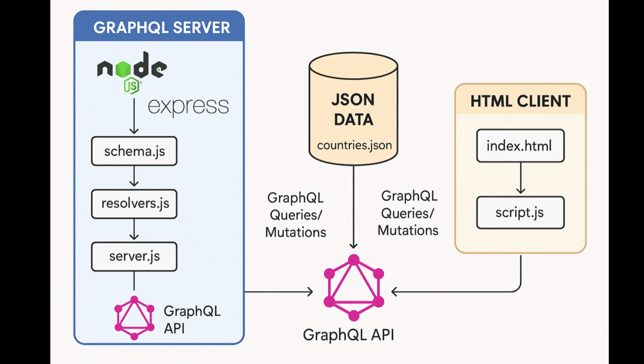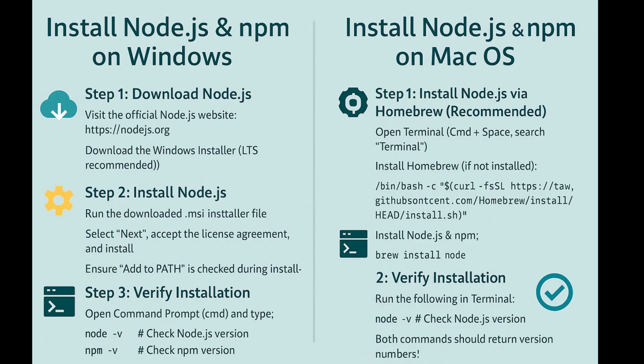Before we proceed further, we need to understand what prerequisites are required on your system. To run this application or environment setup which I'm going to cover today, you need to have only Node.js installed on your system. If you are on Windows, just follow this to install it.